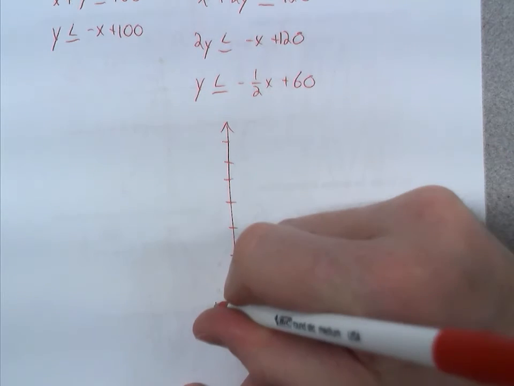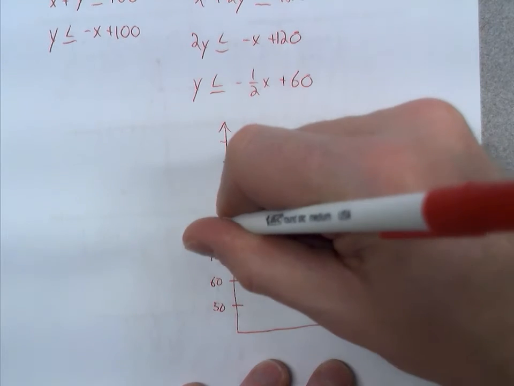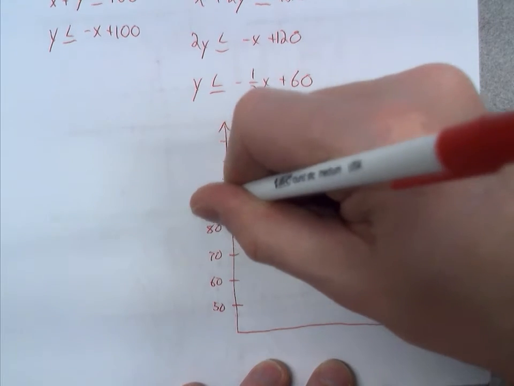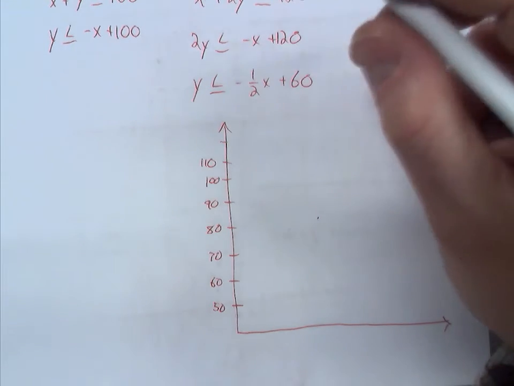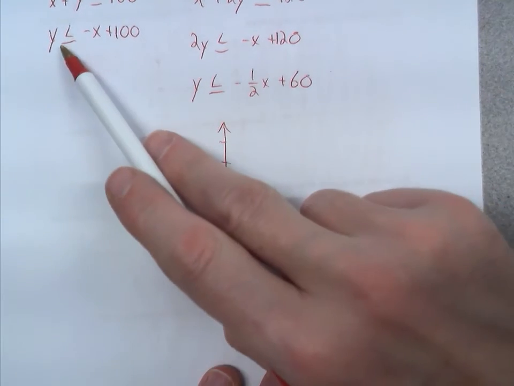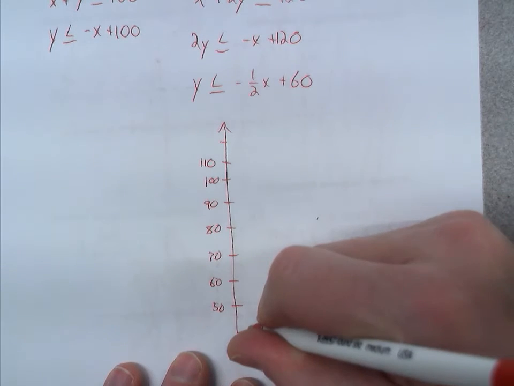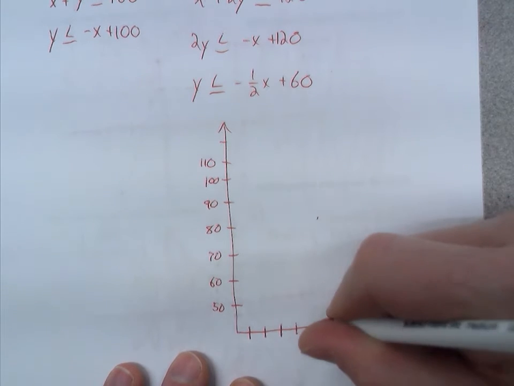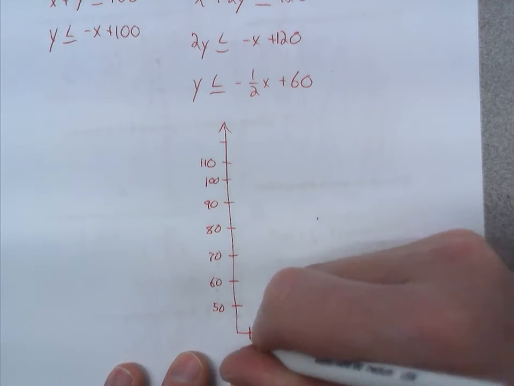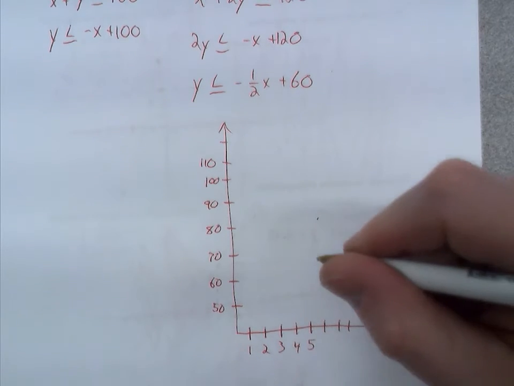We're going to say that this is 50, 60, 70, 80, 90, 100, 110, so on and so forth. So we know that the first one, y is less than or equal to, and then over here these are numbers of chips or boards, 1, 2, 3, 4, 5, 6, 7. So we can number those normally, so on and so forth.